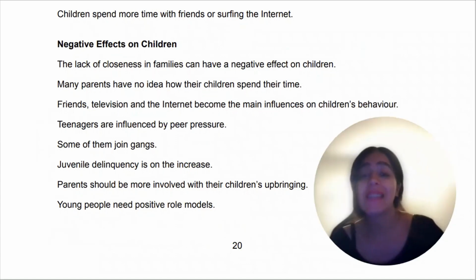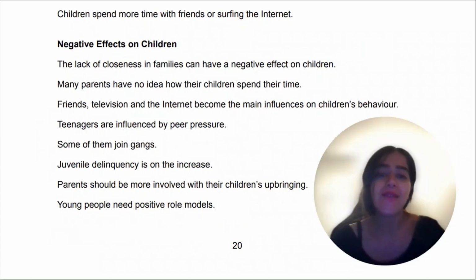Friends, television, and the internet become the main influences on children's behavior. So now we are focusing on the other things that are affecting children other than parents, because they are not physically and sometimes emotionally involved. Friends, television, and the internet.